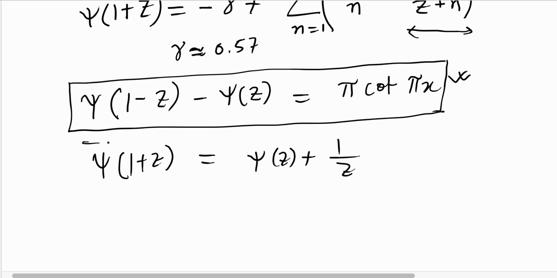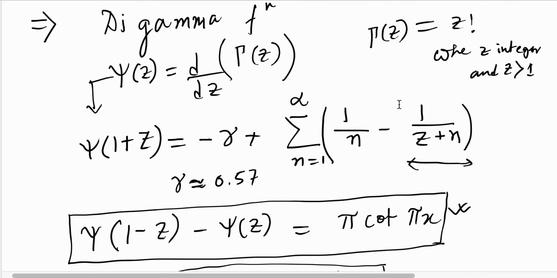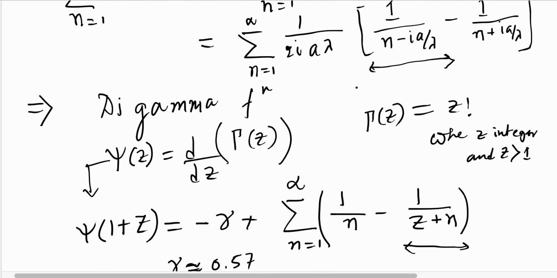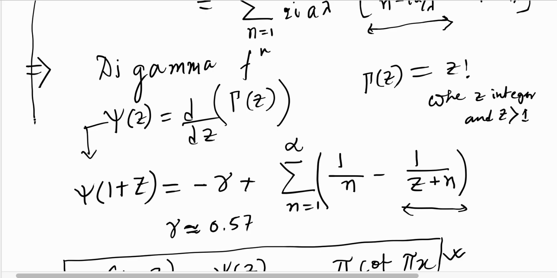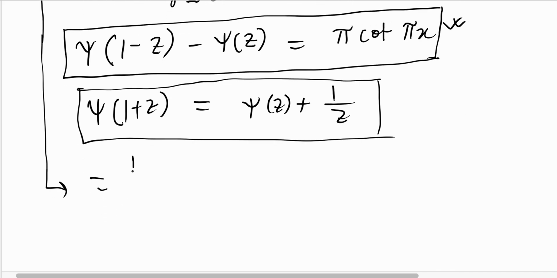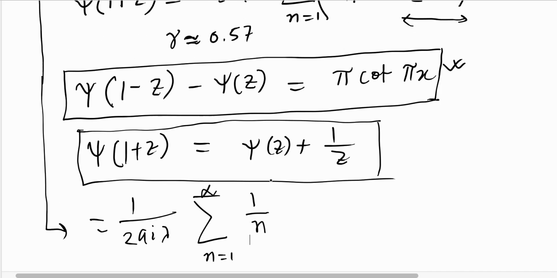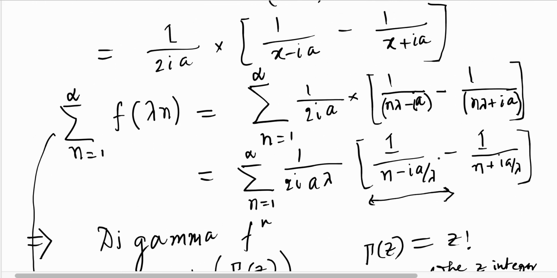So we will also use this property. Let me use it and write my summation from n equal to 1 to infinity in this way: 1 by 2ia lambda, summation n equal to 1 to infinity, I am adding 1 by n and also subtracting 1 by n, so basically I am doing nothing.